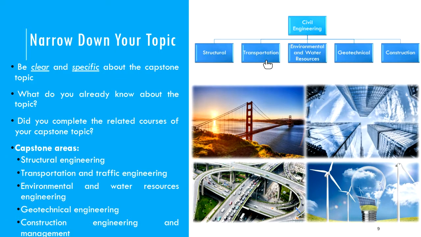So you see that we have a wide variety of opportunities for you. In order for you to choose an effective topic, your topic should be narrowed down, correct? If it's too general, the first feedback you would receive from your advisor or supervisor is that you should narrow it down. What does that mean? It should be clear and specific.